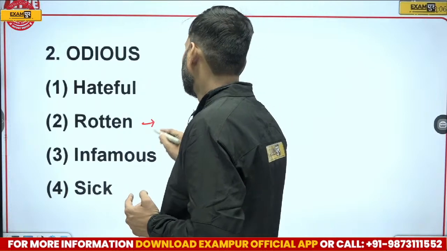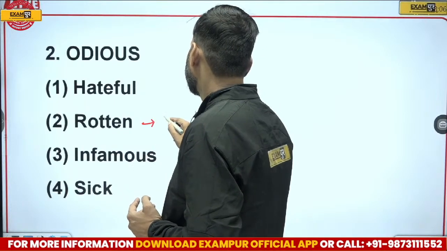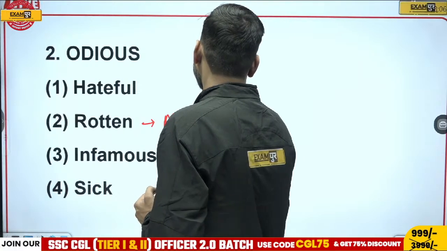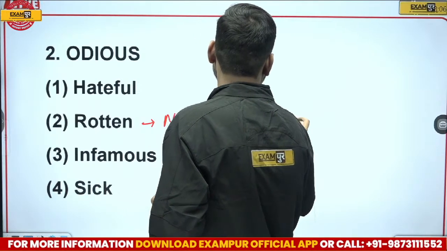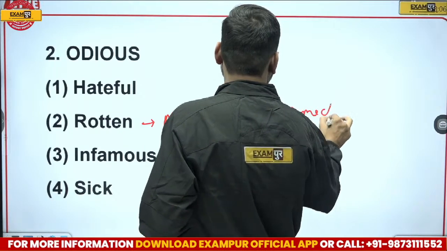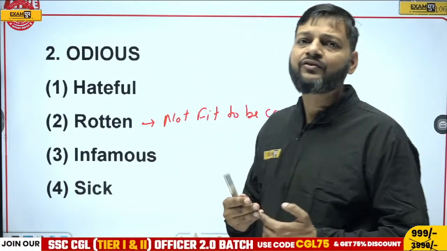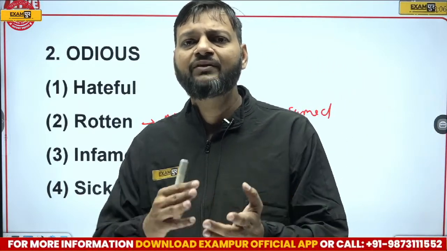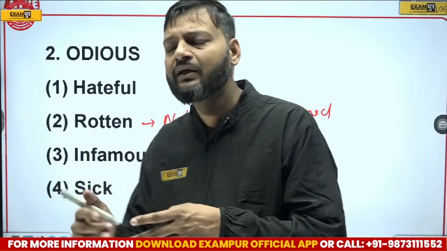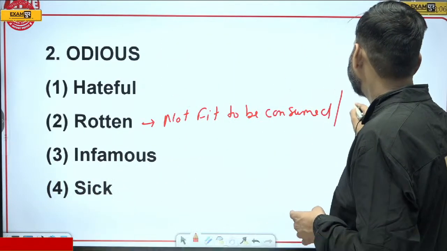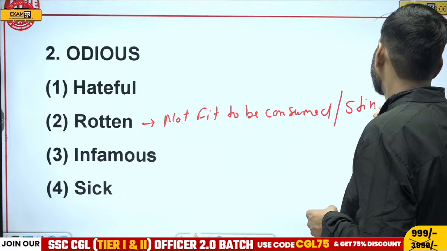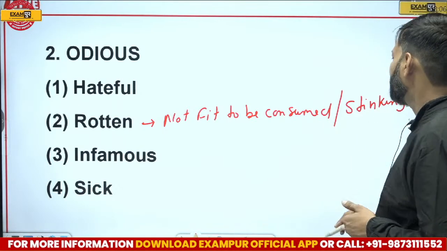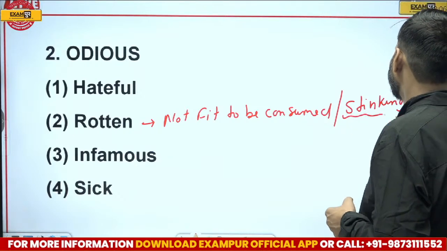Now, let's see the words. Rotten. Rotten means not fit to be consumed. The word rotten is usually used for food, when food is not fit to be eaten, or we can say stinking, or one more word is there, decayed.